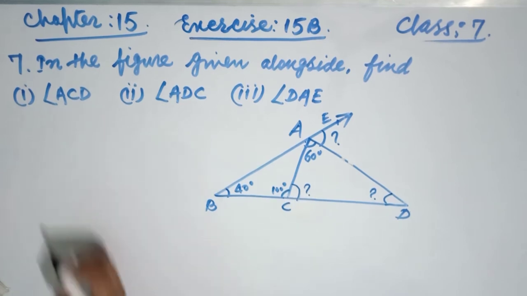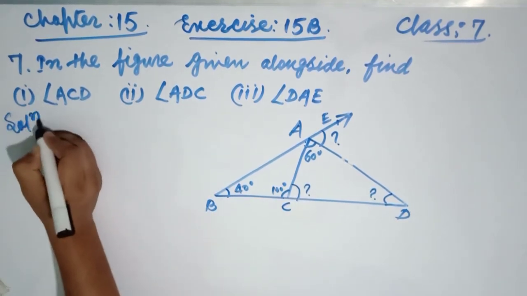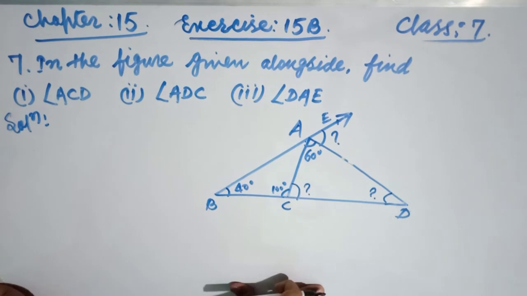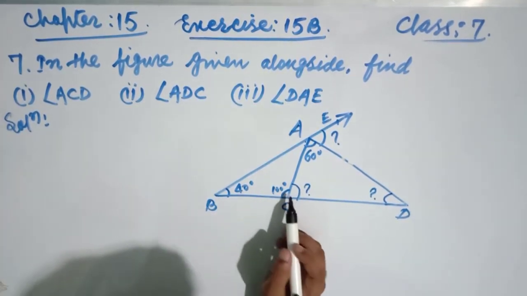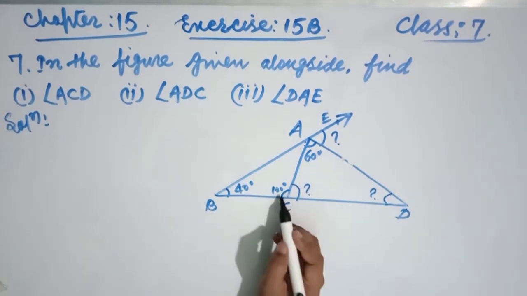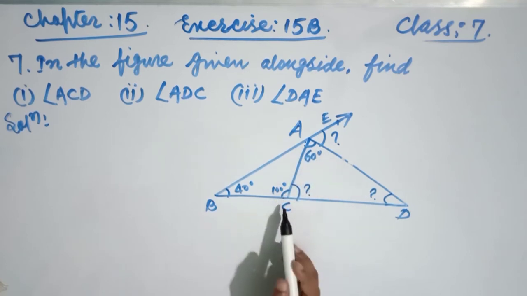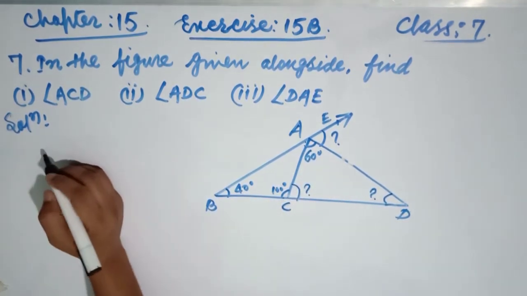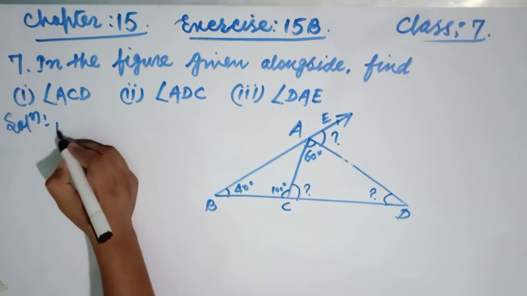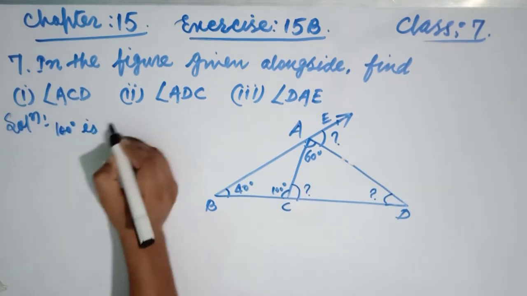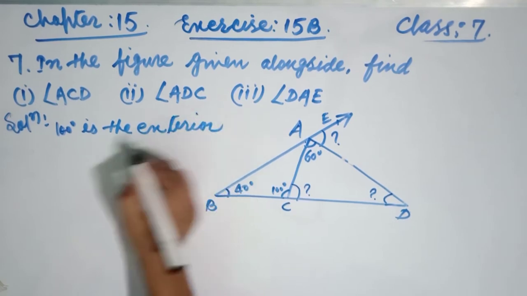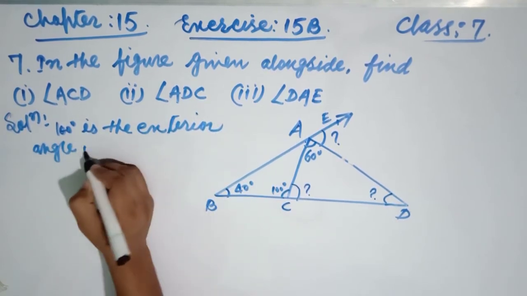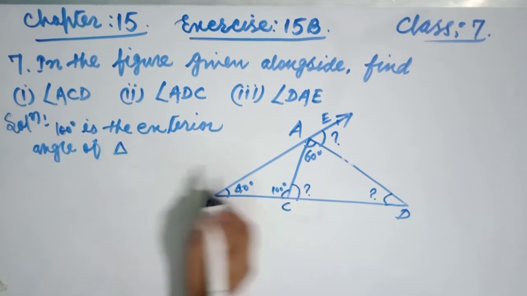Now see friends, write the solution first. Look at this angle: 100 degrees is the exterior angle of triangle ACD. We can write, 100 degrees is the exterior angle of triangle ACD.